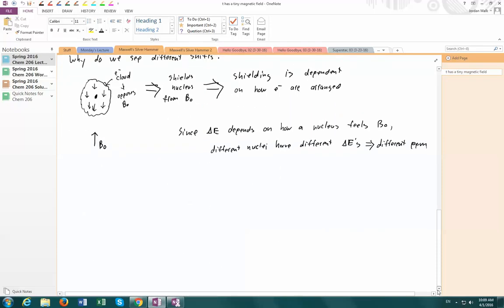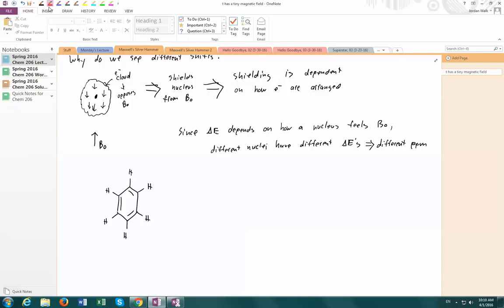Okay. So we were looking at some structures last time, and we were talking about how many signals we might expect. I want to do a couple more examples. So let's take a look at something just like benzene. Benzene, of course, has a proton off of each carbon. How many signals would you expect in benzene?